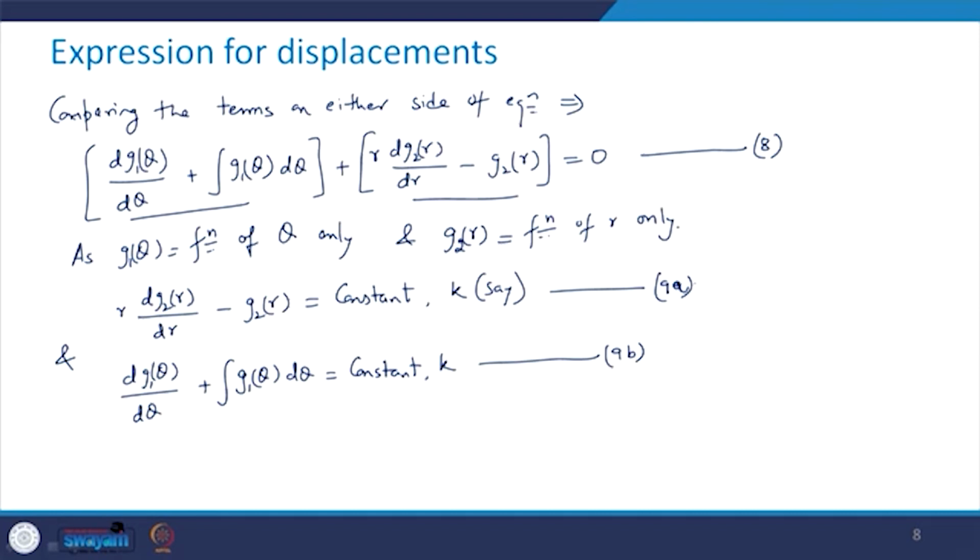So, if we try to solve these two equations, from 9a we are going to get g2r is equal to cr minus k, say that is 10a, and 9b will give us g1 theta equal to a sine of theta plus b cos of theta, that is 10b.